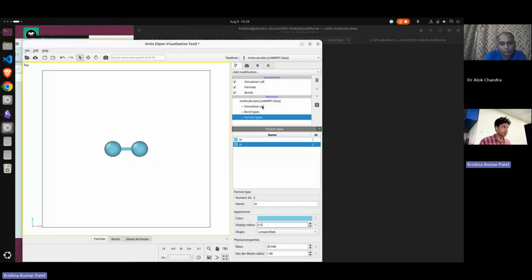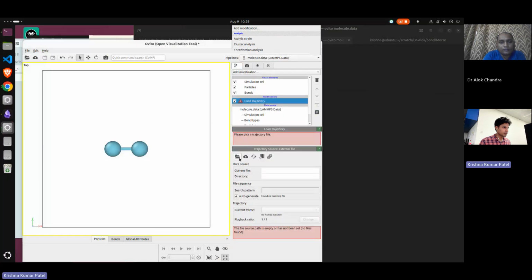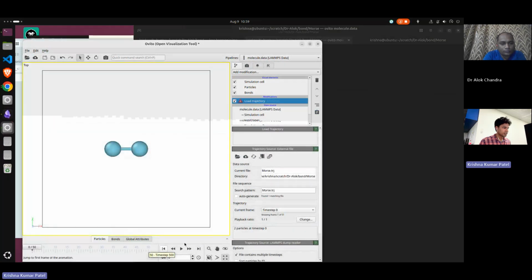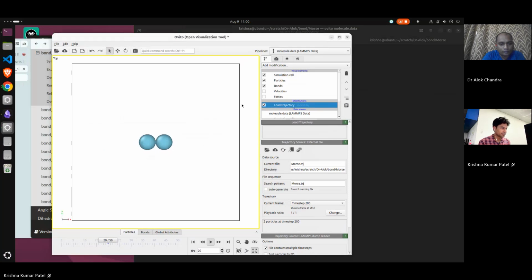Add modification, that should be load trajectory. And then this one, Morse trajectory, open. Now you can see there are 50 frames here. And here you go, that's what it looks like.